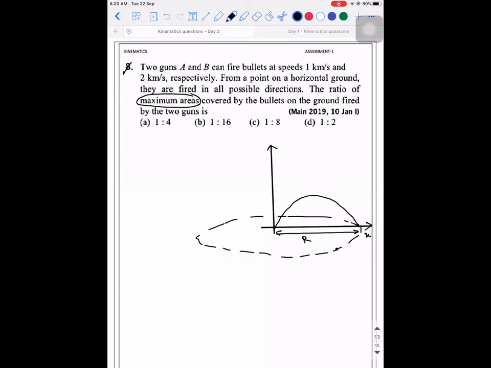Means the bullet can hit here, the bullet can hit here. I'll keep all red spots. It can hit anywhere in all the directions, but it will hit the ground such that it has maximum area. So what exactly will be at the bottom when you see from the top view?